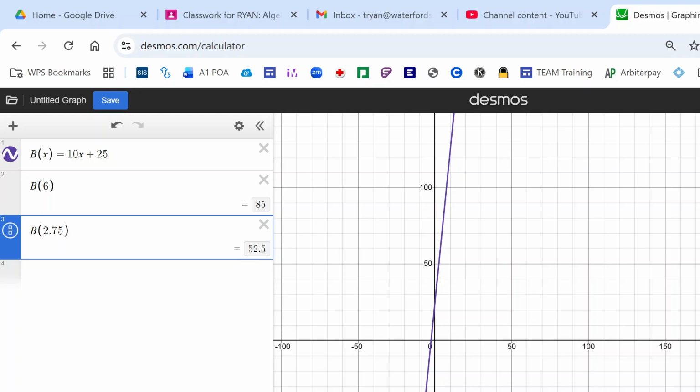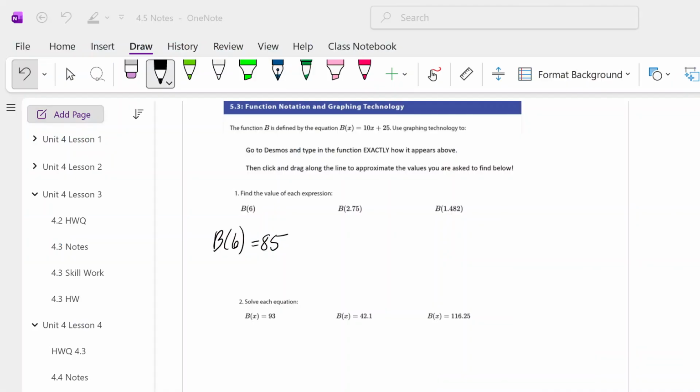But look at how quick that was. As long as we define the function b of x at the top, then we can use that function letter b, and then we can type in any input we want, and it's very, very quick. So that looks like $52.50. So b of 2.75 is $52.50. I guess I'll put dollars since we're talking about that.